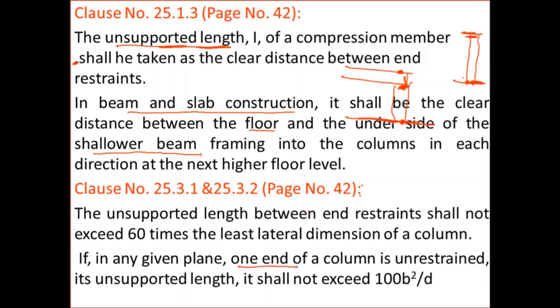But if only one end of the column is restrained and the other is unrestrained, suppose a column is placed like this with no restraint on this side, then the unsupported length should not exceed 100 b square by d. So if restraints are there on both sides, it should not exceed 60 times the least lateral dimension, and if the restraint is there only on one side, it should not exceed 100 b square by d.